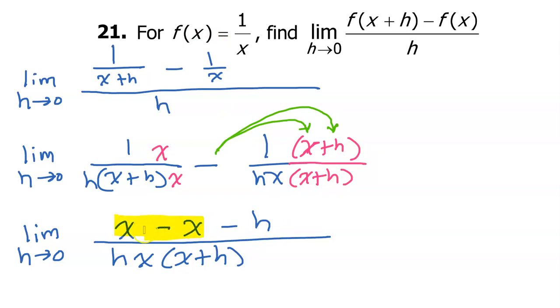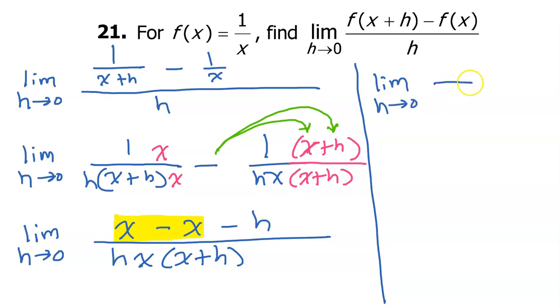Notice we have the like terms right here. X minus x, they cancel out. So on the next line, these will be gone. So we have the limit as h approaches 0 of negative h over h times x times x plus h.